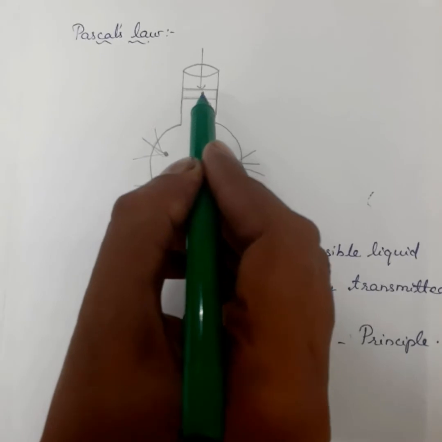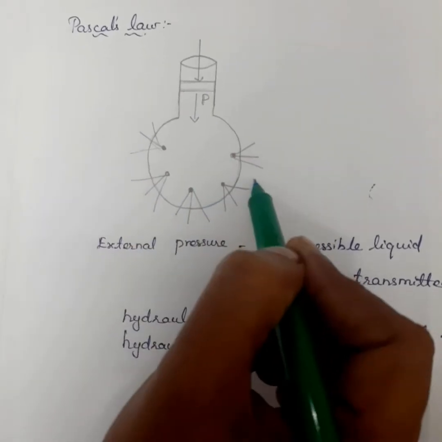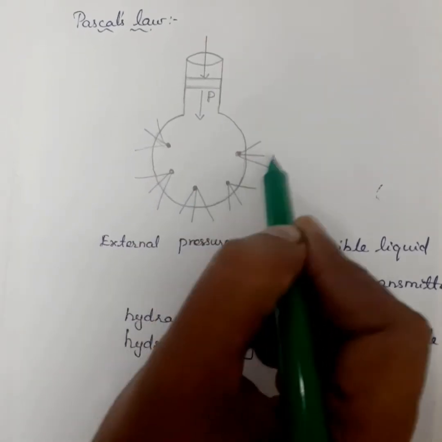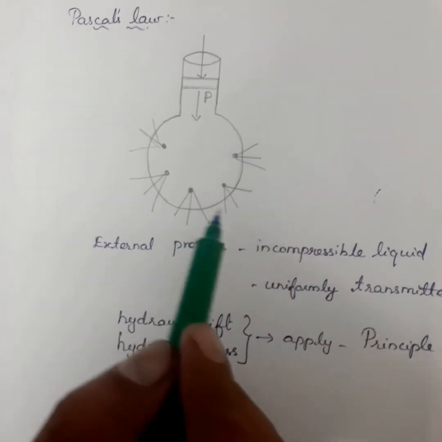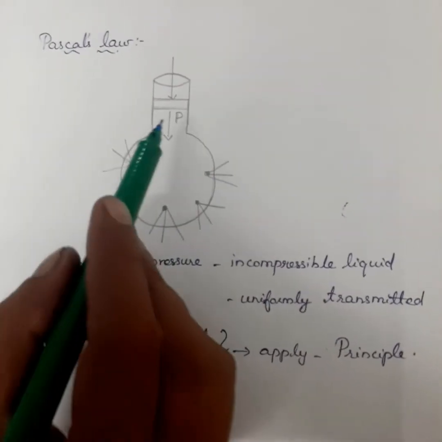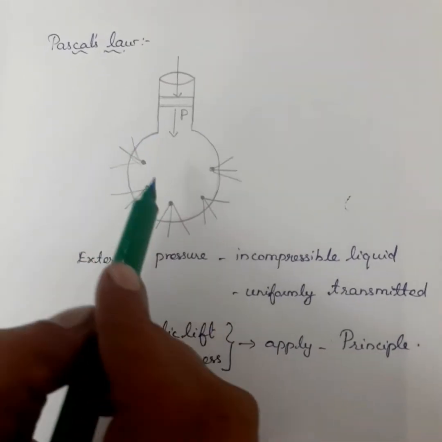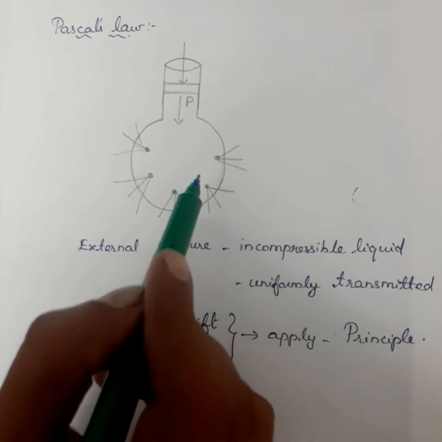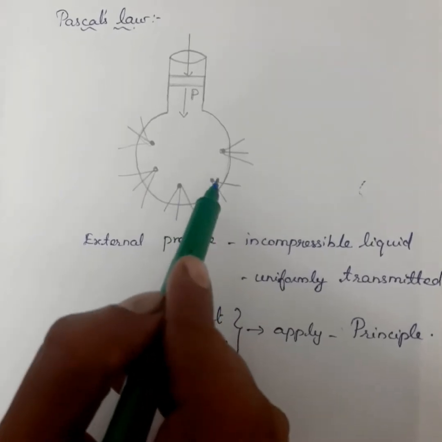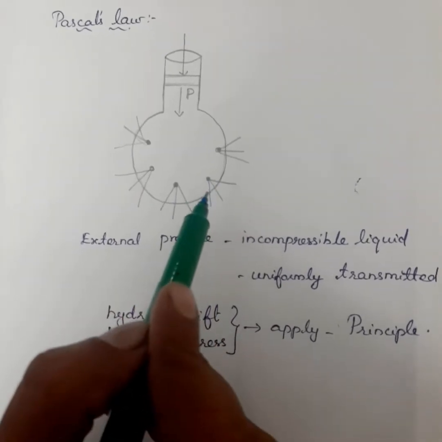The water rushes out from the holes in the vessel in all directions with the same pressure. So the force applied on the piston exerts pressure on the water. This pressure is transmitted equally throughout the liquid in all directions.